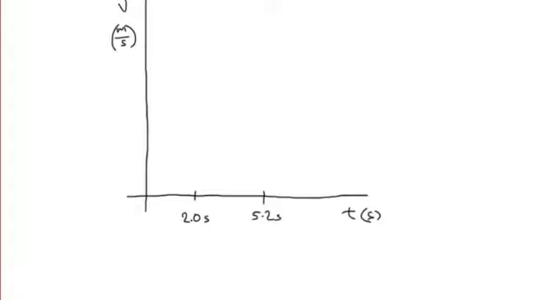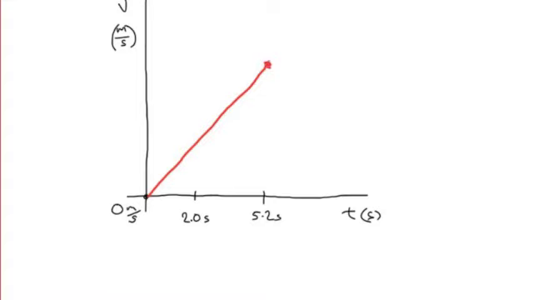We have an initial velocity of 0 meters per second, right? Because our runner jumps out of starting blocks. And we have an acceleration of 1.9 meters per second squared. That is, we're told the slope of the acceleration line. So that's going to be right about that slope right there.